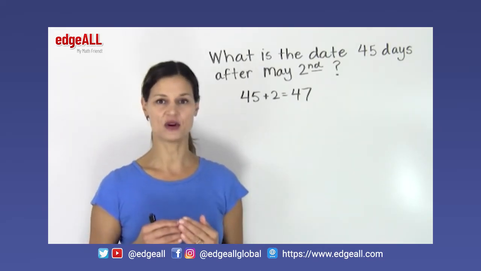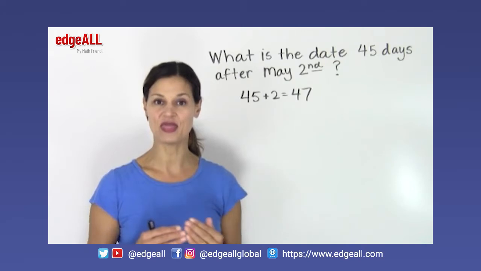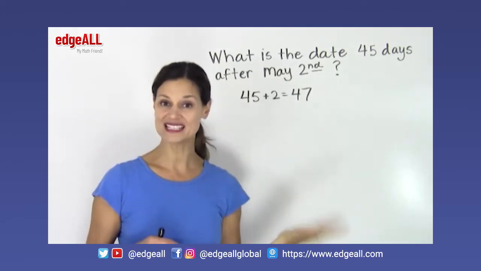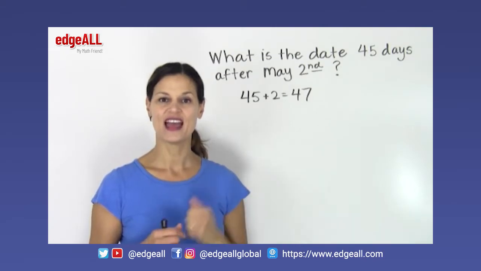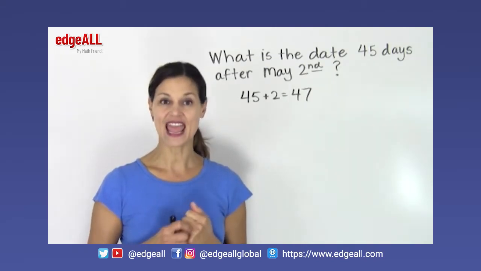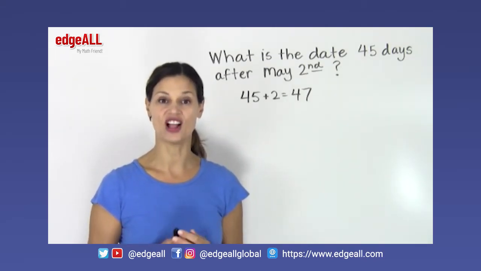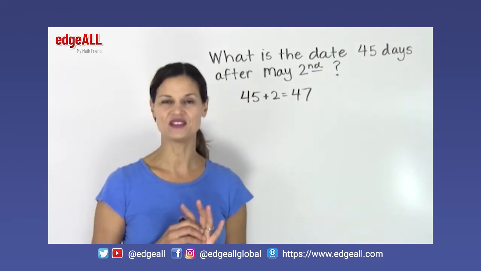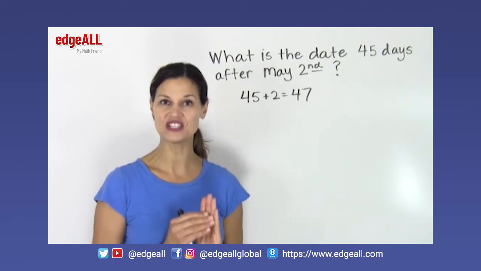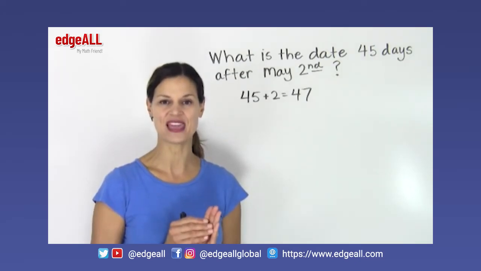Some of the 45 days will fall in the month of May, and the rest of them will fall in the next month, June. The 45th day after May 2nd will fall in June. So let's do some calculations now to find out exactly which day of June that will be.